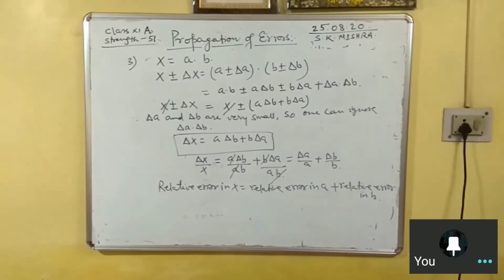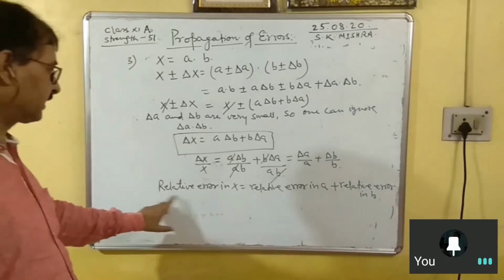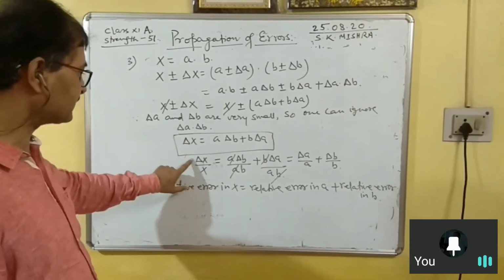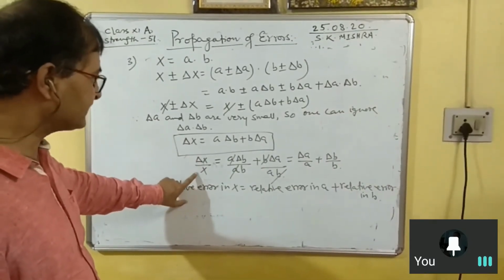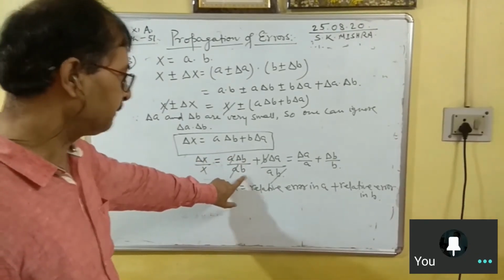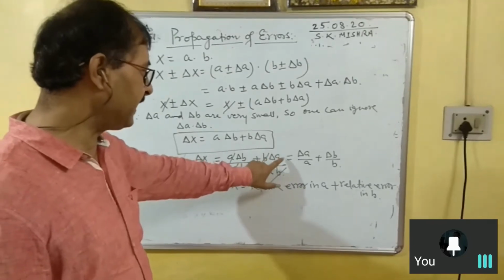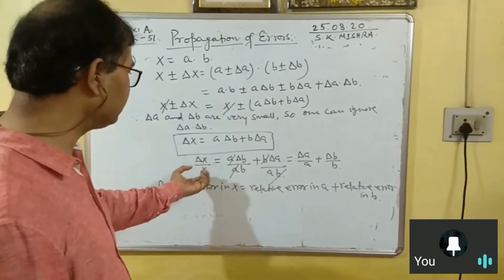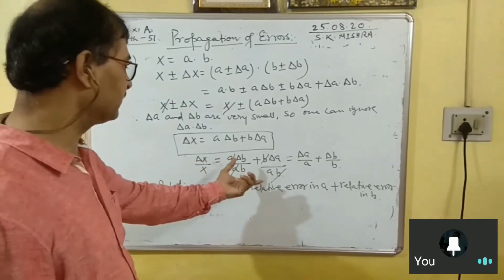Last line, relative error in x. That's just delta x by x is equal to A delta B by A into B plus B delta A by A into B. So why is it like this? Because we divided it by A into B. That is x.